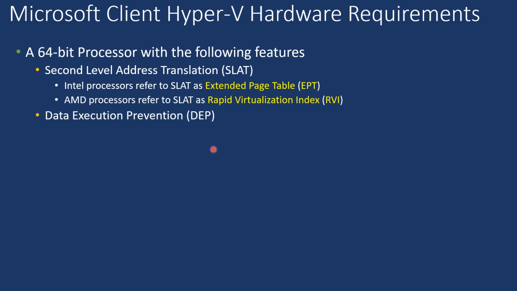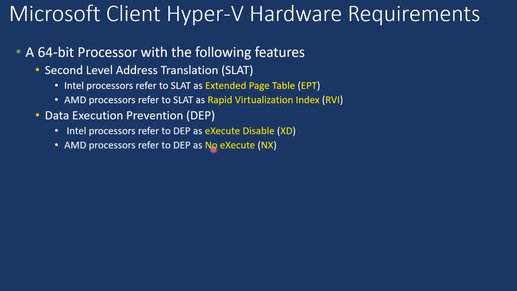Maybe these are some IT technical jargon. To put it in a nutshell, most of our CPUs nowadays have all these technologies. They have SLAT, which is second level address translation. Depending on your CPU, if it is Intel, it's called EPT. If it is AMD, it's called RVI.